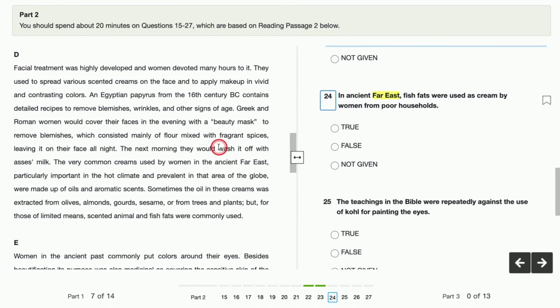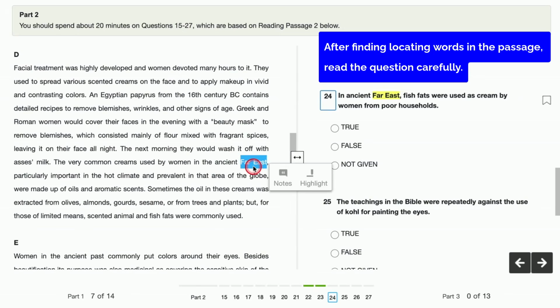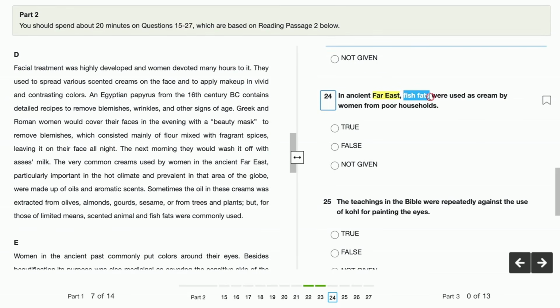So does it mention Far East? Yes, it does. Here it mentions Far East. So now we need to read the question carefully. In ancient Far East, fish fats were used as cream by women from poor households. I think fish fats is very important. Let's read this part and see if it mentions whether fish fats were used as cream by poor women.